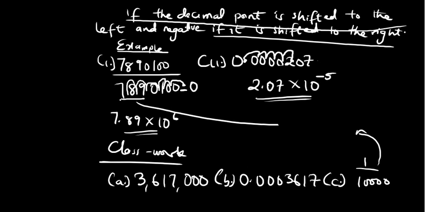How many zeros are here? That is 4. So it is 1 over 10 raised to the power 4. According to what we do in indices, if you want to make it stand on its own, it's going to be 10 raised to the power minus 4.